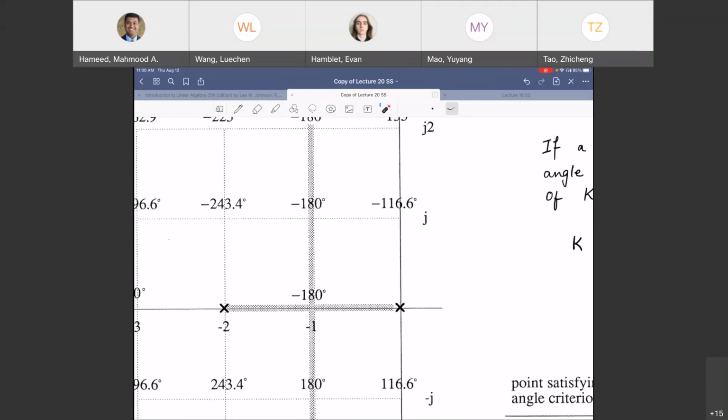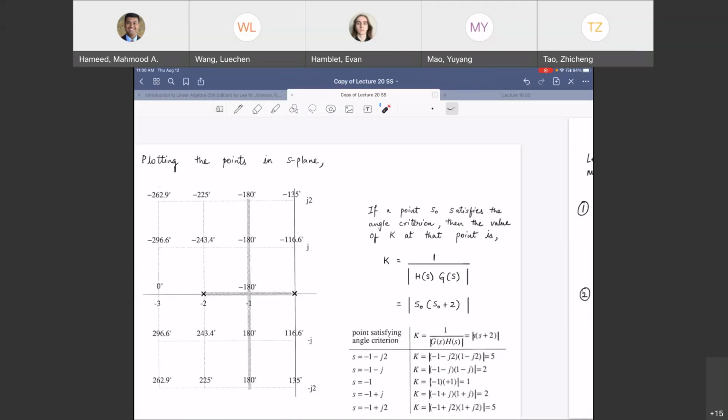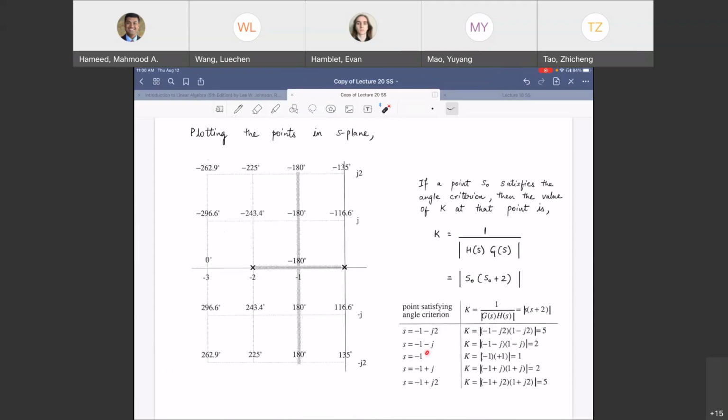Critically damped means I should get 2 poles over here. So I'm looking for what that k value is. Take your magnitude criteria, put the value of s in that as -1, and find out the k value. You will see that you will get, I think, 1 in this case. Yeah, you will get a 1 there. So using the magnitude criteria, you can find out what the k values are at those points.